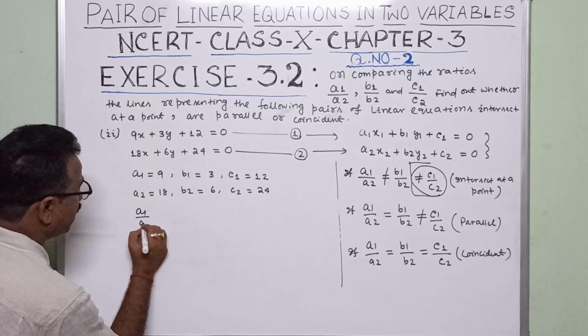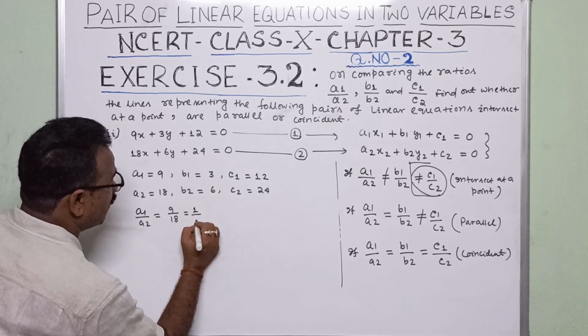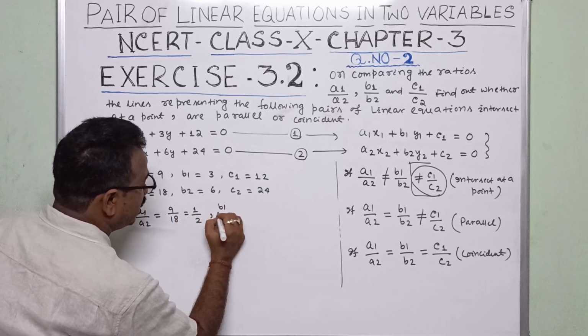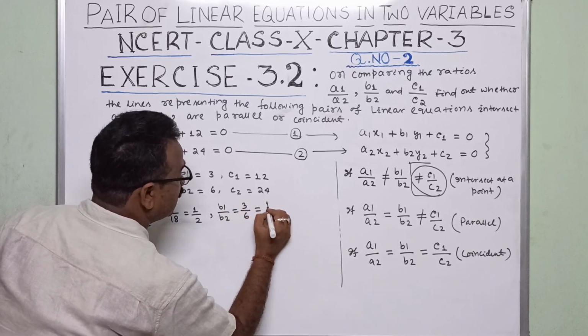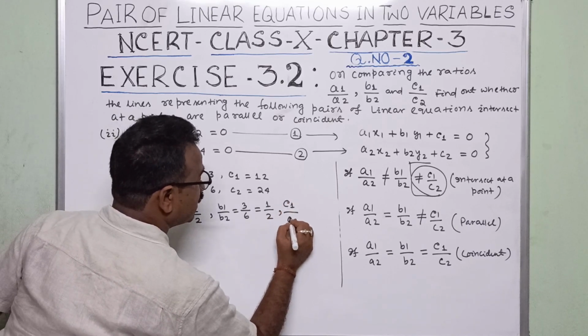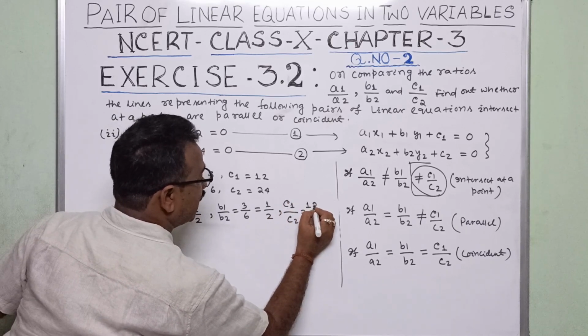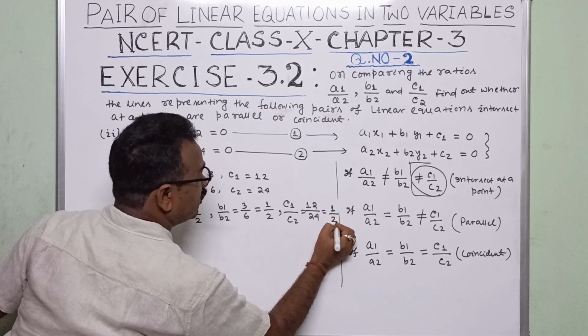So a1 by a2 is equal to 9 by 18 is equal to 1 by 2. b1 by b2 is equal to 3 by 6 is equal to 1 by 2. c1 by c2 is equal to 12 by 24 is equal to 1 by 2.